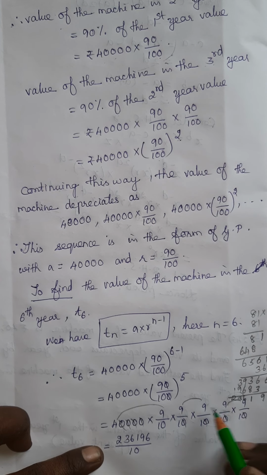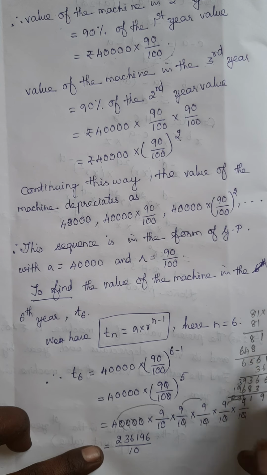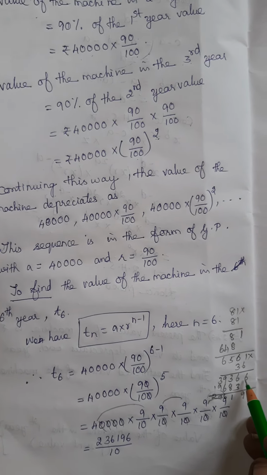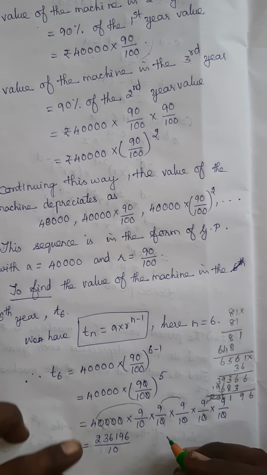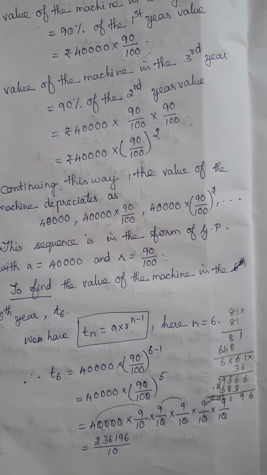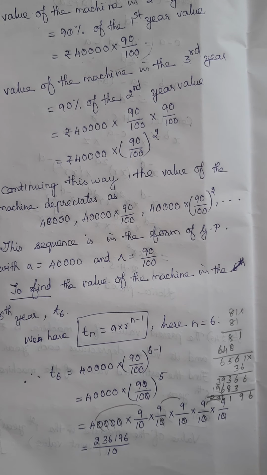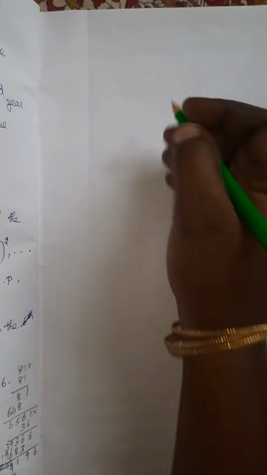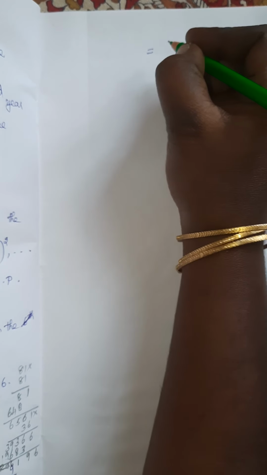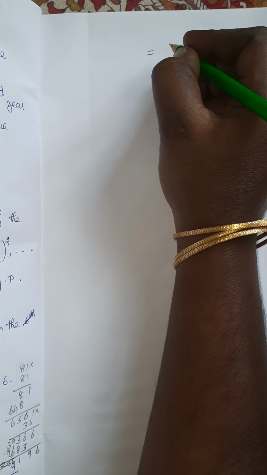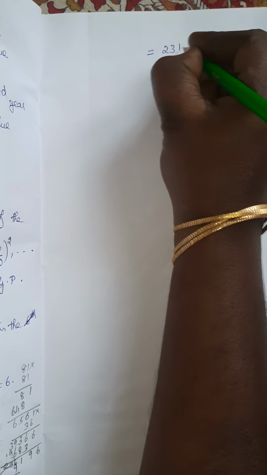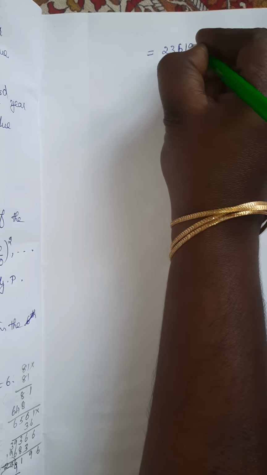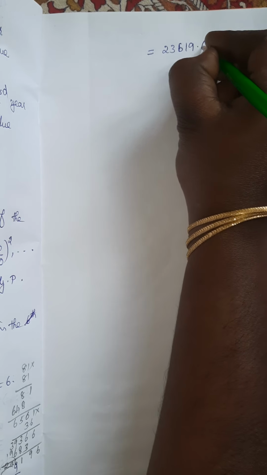This is the value when you multiply. 9 9s are 81, again 9 9s are 81. So 81 into 81, then 9 4s are 36. Multiply that way and you get this value. Since the denominator is 10, you can move the decimal one place from the right side. So that is equal to 23,619.6.